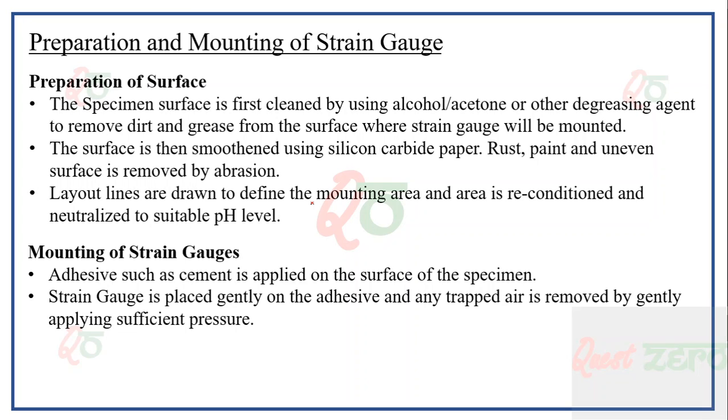We should make sure that any air bubbles trapped between the specimen and the strain gauge in the adhesive layer are removed by gently applying sufficient pressure. A higher amount of pressure may result in damage to the strain gauge or complete removal of the adhesive below the strain gauge. So it should be done gently and with care.